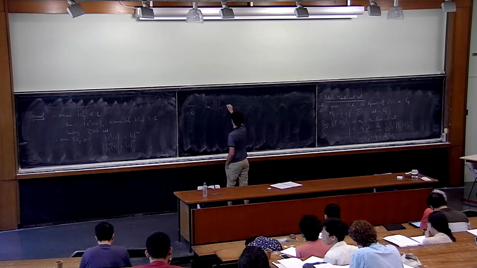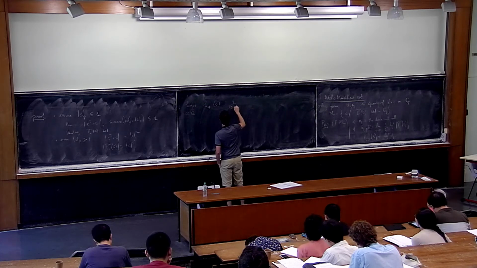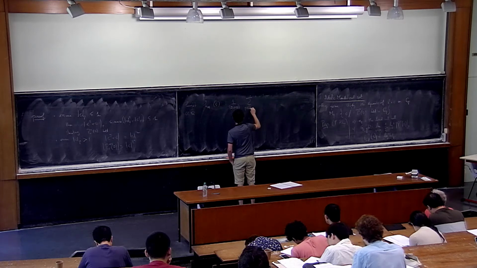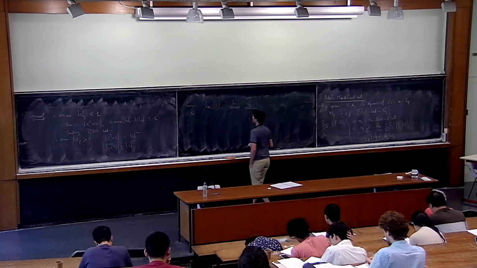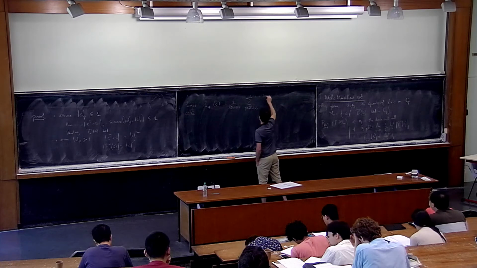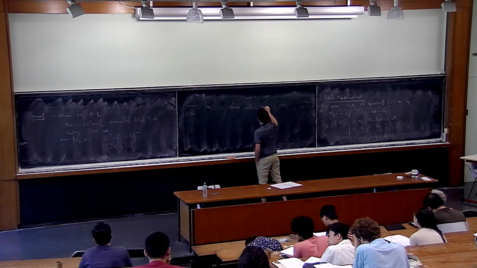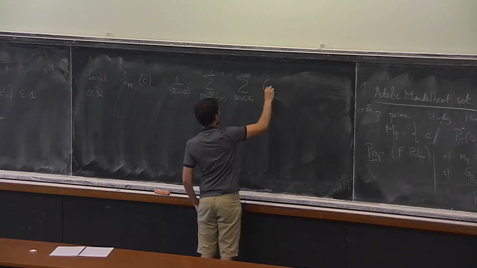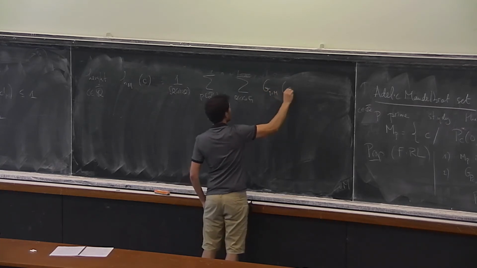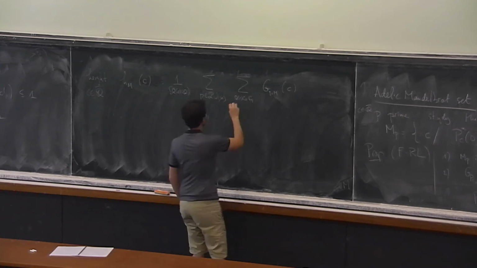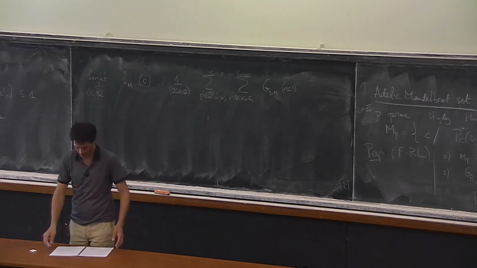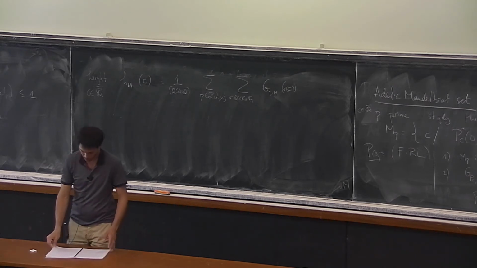So it is 1 over the degree of c times the sum at all places of the sum over all embeddings of Q(c) in C_p of the Green function at the place p associated to the Mandelbrot set, of the point sigma of c. Okay, so exactly as the usual height.